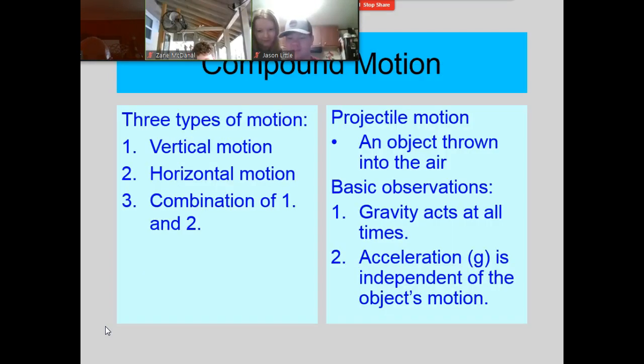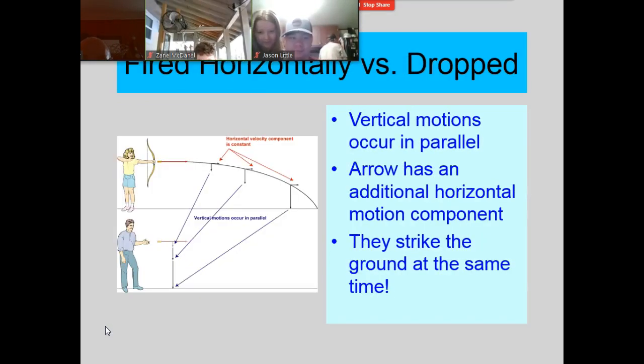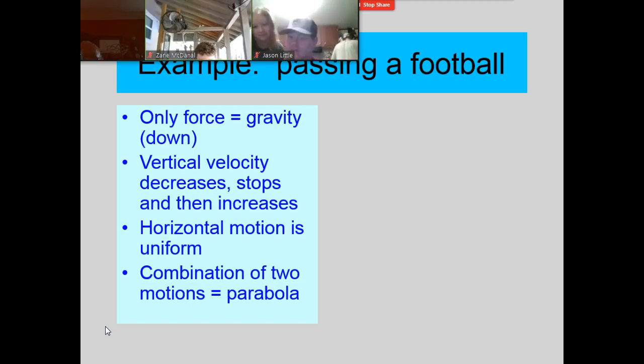Now, throwing a football, or any ball, a basketball, a volleyball, a tennis ball, hitting a golf ball, it doesn't matter. Once it has left your hand, the bat, the tennis racket, the golf club, once it's no longer in touch with them, the only force acting on that ball is gravity, and it's always pulling it straight down.